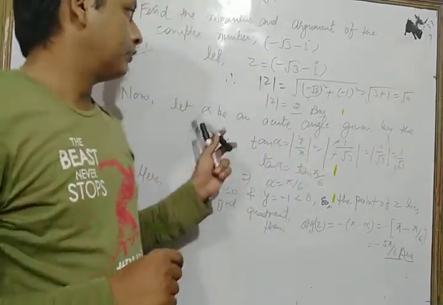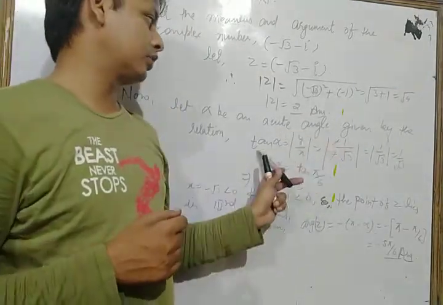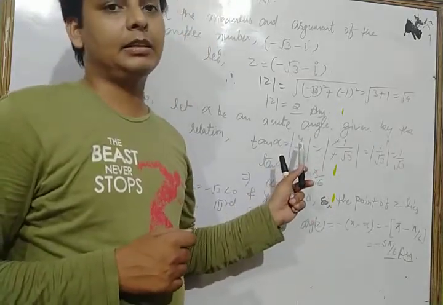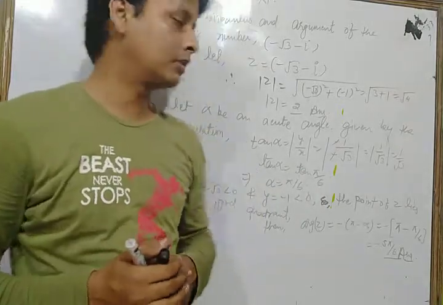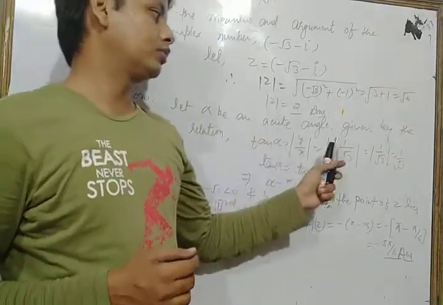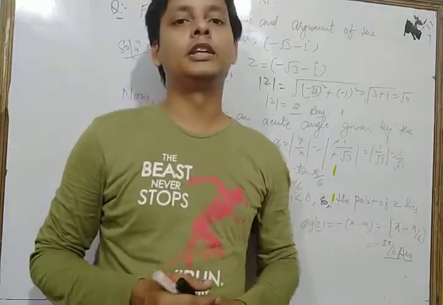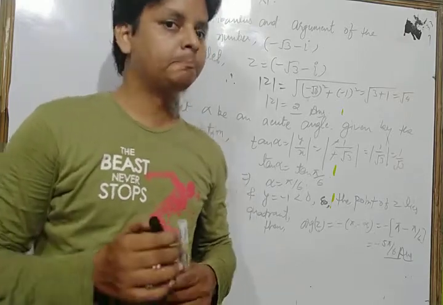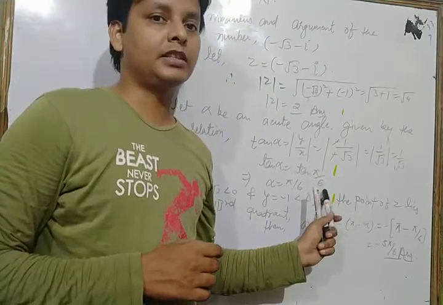Now for finding the argument, let alpha be an acute angle given by the relation tan alpha is equal to mod of y by x. Here y is the imaginary part and x is the real part. Both are negative, so the minus signs cancel each other, and we get 1 by root 3, and we know that the value of tan 30 is 1 by root 3, that is tan pi by 6.